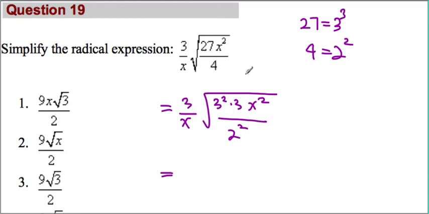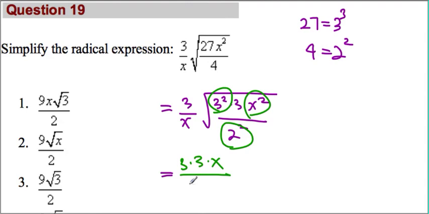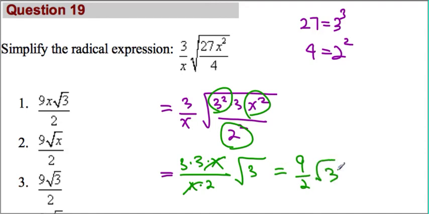That means this, and these 3 will all come out. So 3 was already outside, and another 3 comes out, and x comes out. x was already there, and then 2 comes out. And the only thing that's left is radical 3. But here, x is cancelled out top and bottom. Therefore, we end up having 9 over 2, because 3 times 3 is 9. And then square root of 3, which is choice 3.